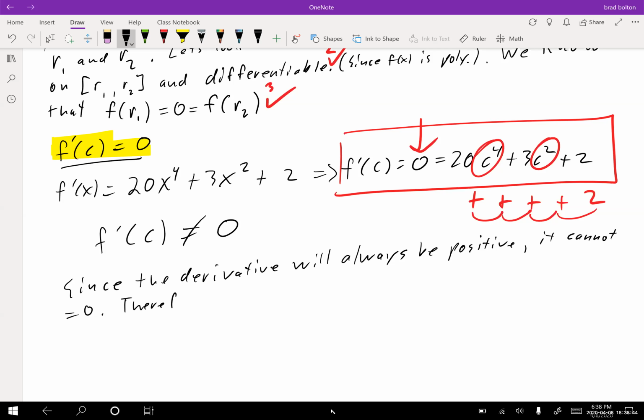Therefore, we have a contradiction. Okay? So what we assumed must be wrong.